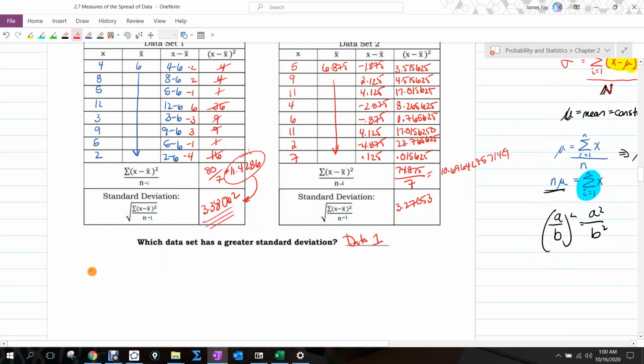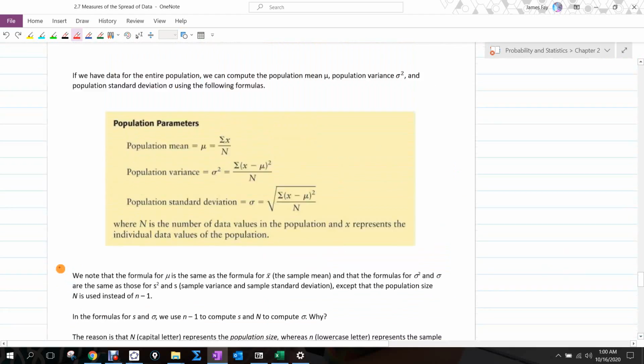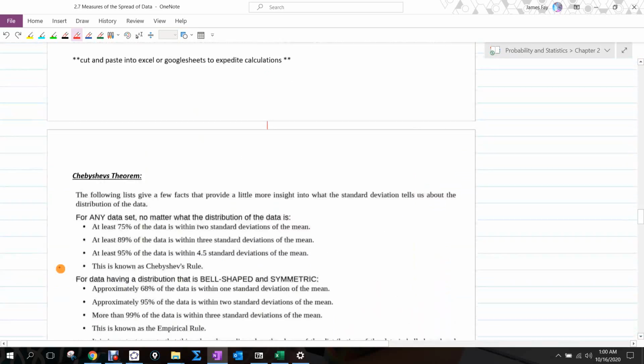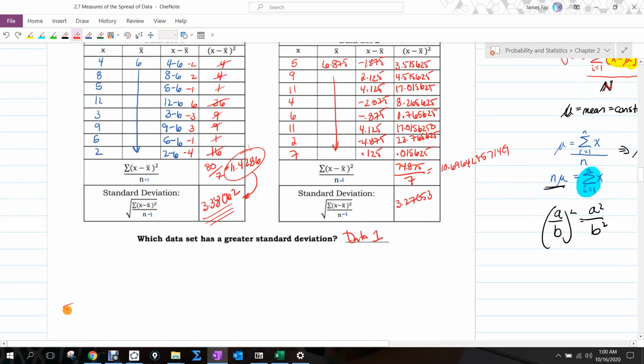So the formula was that the standard deviation would be the sum of x squared minus the sum of x, squared, over n, and we'll divide that by n minus 1.